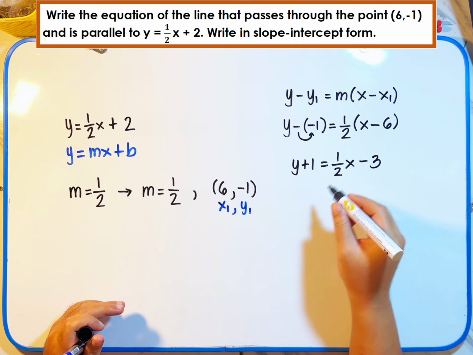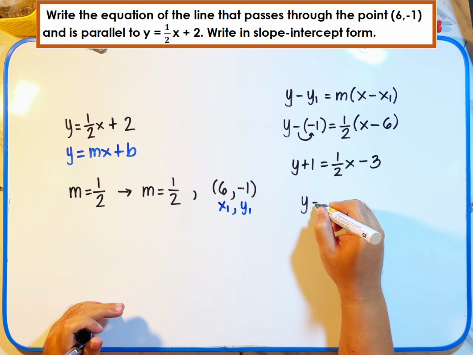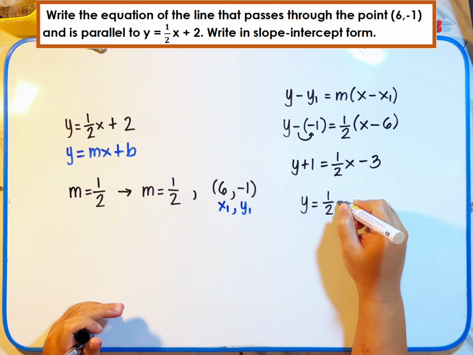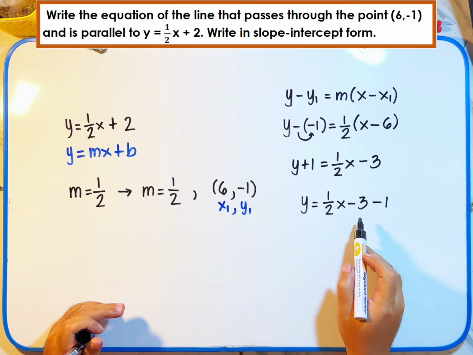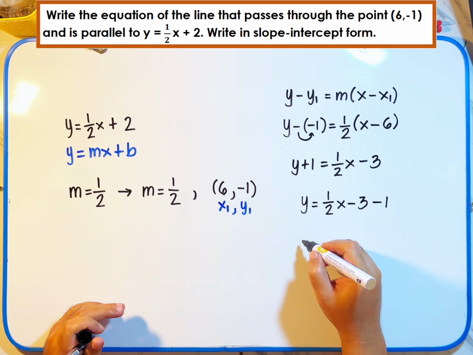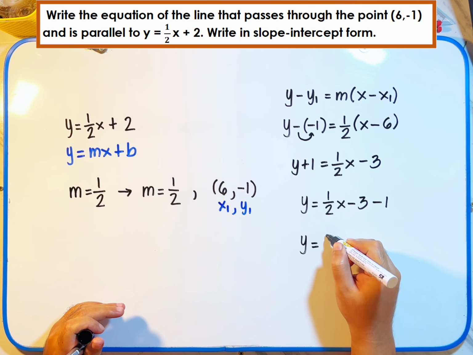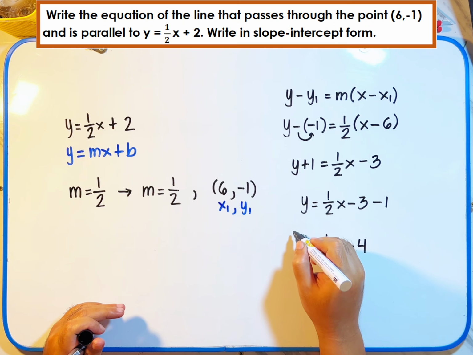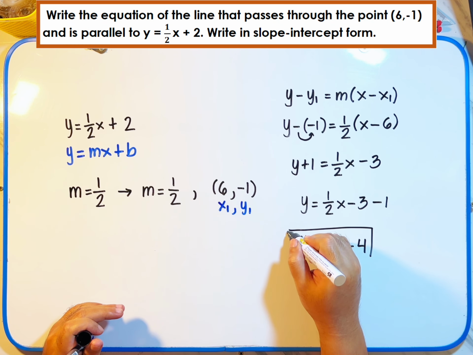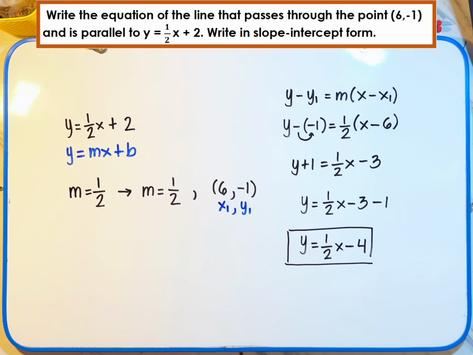Transpose 1 to the other side and make it negative. y equals 1/2 x minus 3, and then minus 1. Finally, negative 3 minus 1 is negative 4. So y equals 1/2 x minus 4. And this is our answer. This is the equation of our required line.